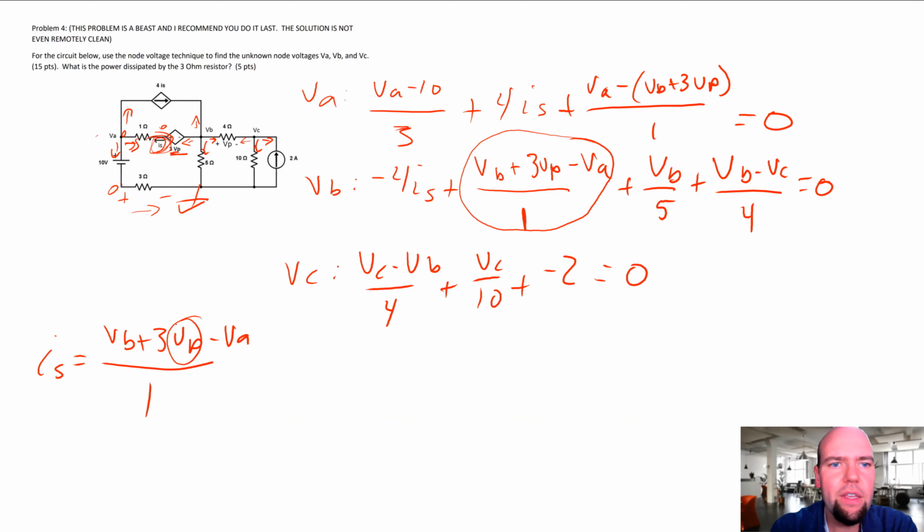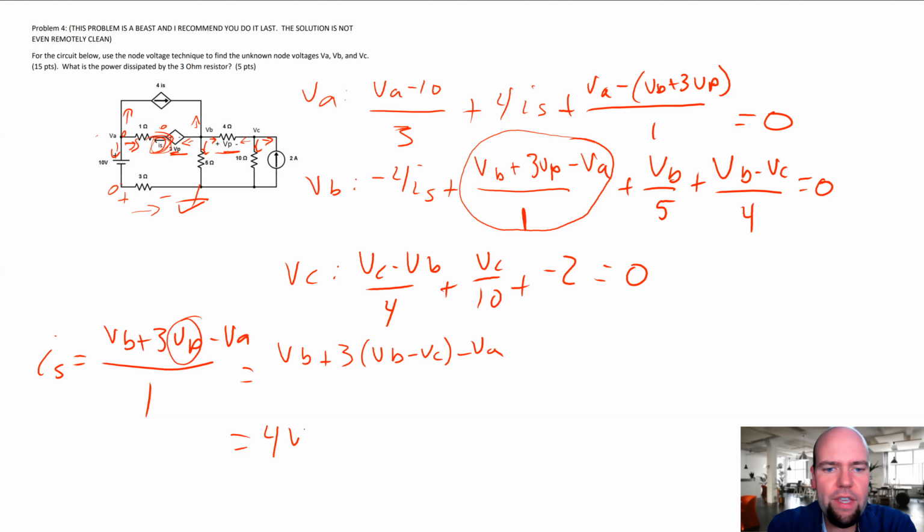So what's VP? Now, VP is VB minus VC. A lot of people instinctively say, oh, VP is VB minus VC divided by 4. No, that's the current. That would be the current flowing that way. VP is just the voltage, which is VB minus VC. So this one is VB plus 3 times VB minus VC, minus VA.